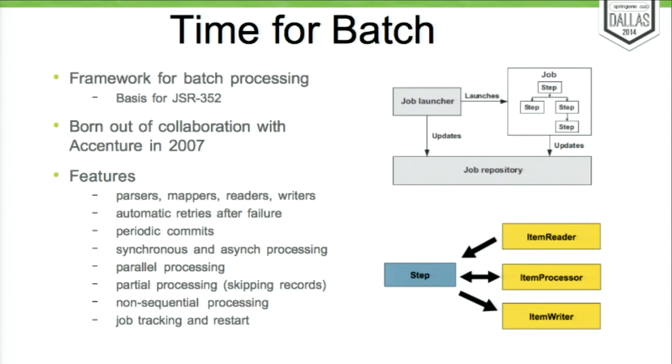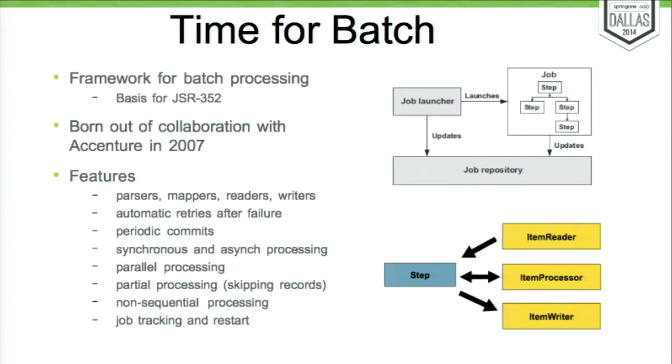And we have a lot of different features in Spring Batch. Some of them we use for Spring for Hadoop, but not all of it. But there are parsers, mappers, readers, writers. Batch does a lot of retries. On failures, you can specify what exceptions you want to retry on. You can specify how many times you want to retry.